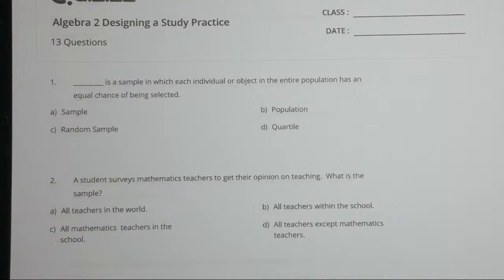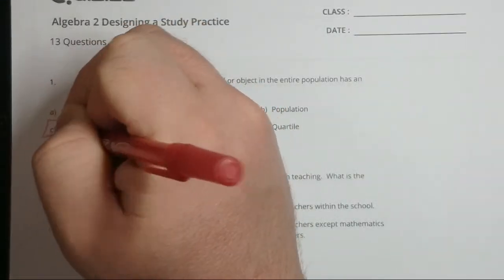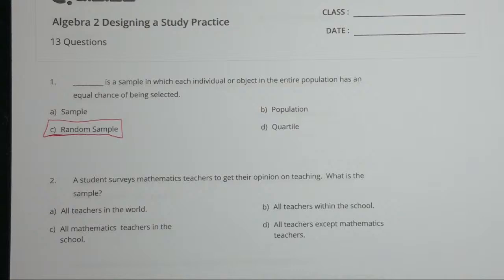But blank is a sample in which each individual or object in the population has an equal chance of being selected. That is what we refer to as a random sample. Now, I have not spoken to you about what it actually means to be random and how proper randomness is actually taken. That is a conversation for another day. It's actually quite intriguing, the different types of samples that can be taken. I'm going to do another lesson on that another day, and randomness as well, but another day.